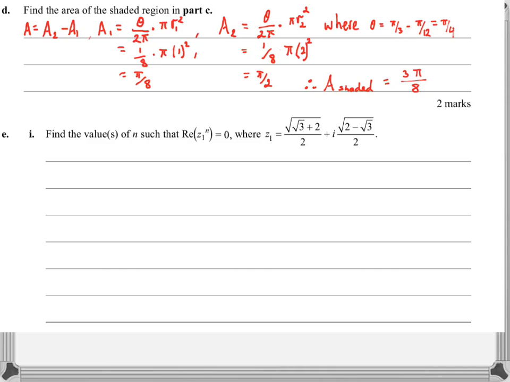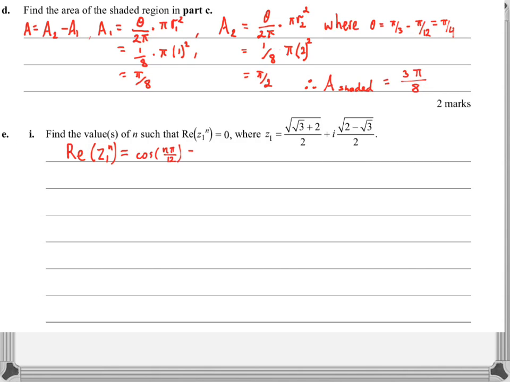Now part E. Find the values of n such that the real part of complex number z1 to the power of n is equal to 0. Here is our complex number z1. That's given in Cartesian form, but in the previous question we worked that out to be in polar form.